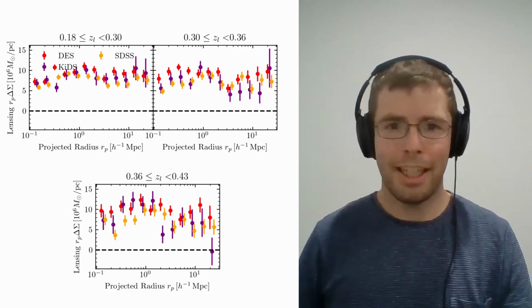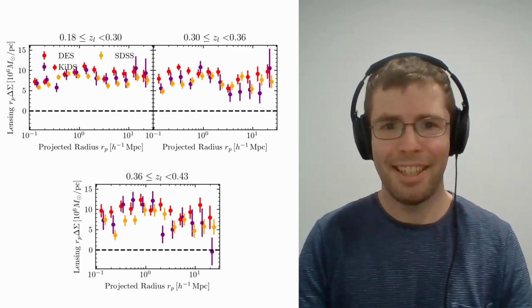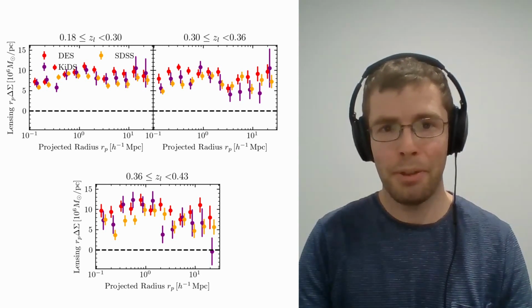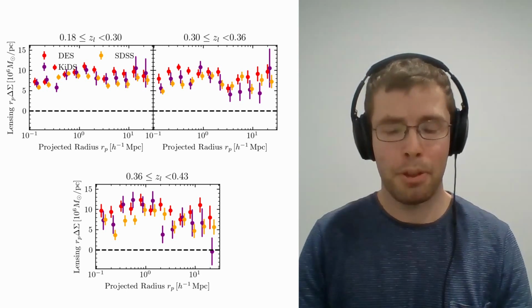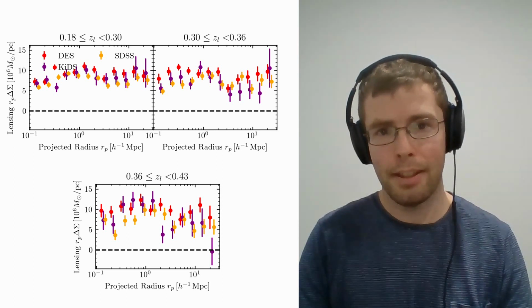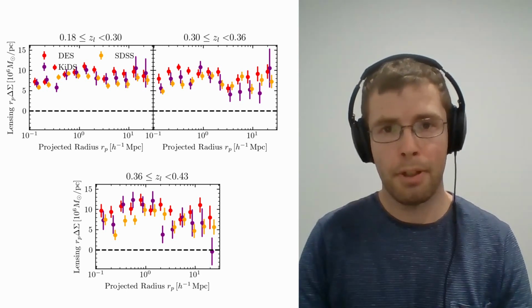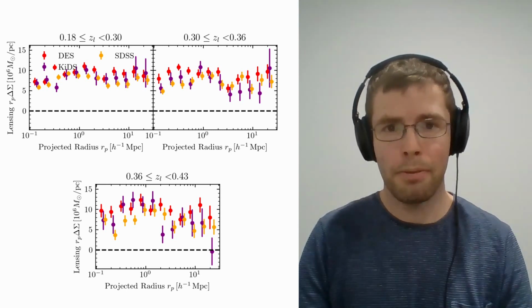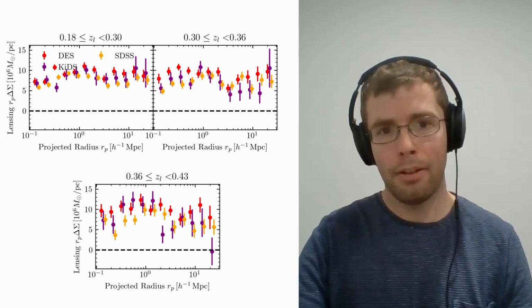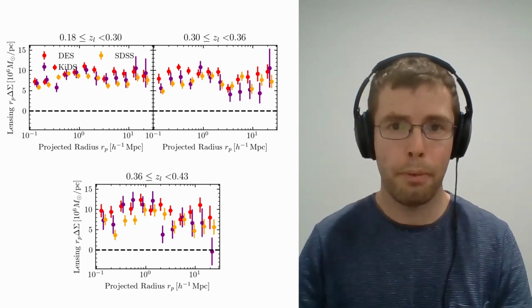All right, so here I just compare the galaxy-galaxy lensing measurements that we used in our work against older lensing measurements coming from cross-correlating LOWZ galaxies with shape catalogs from SDSS. We analyzed 3 different samples of LOWZ galaxies in redshift range from 0.18 to 0.43.